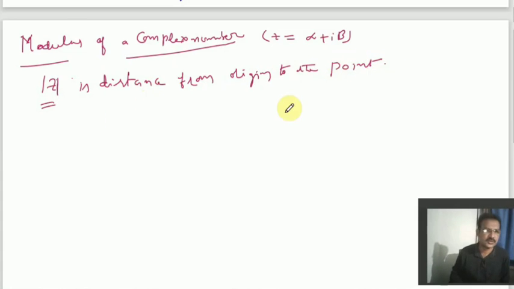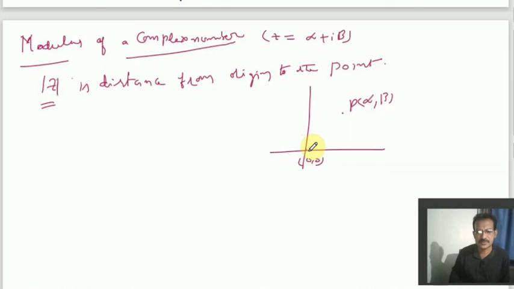Suppose z is equal to alpha plus i beta, then this point can be written as P(alpha, beta). The distance from the origin to this point is called the modulus of the complex number. Here modulus of z is equal to the square root of alpha square plus beta square.